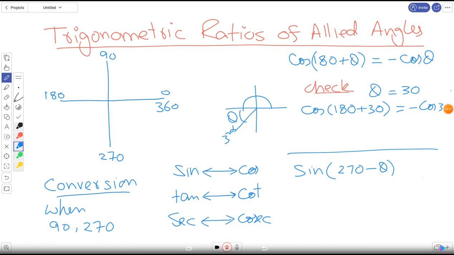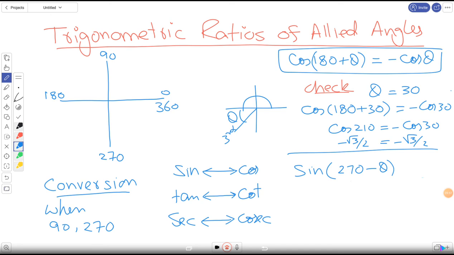So I check cos 210, which equals negative cos 30. And what I know, this is negative root 3 by 2. I typed this myself for confirmation and it's also the same answer. So it means the result which I produced is exactly correct.